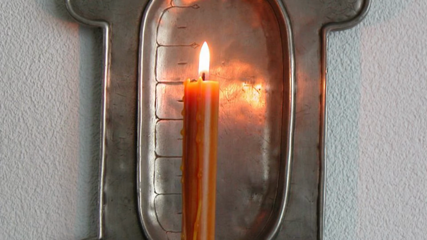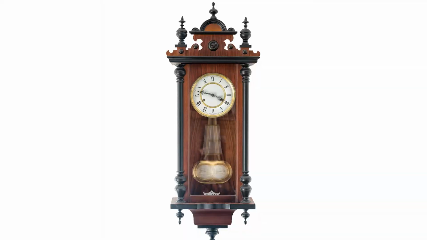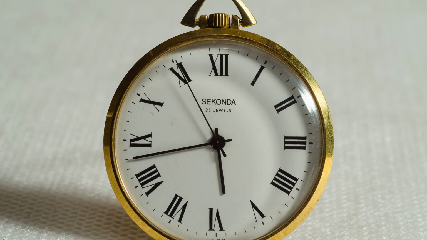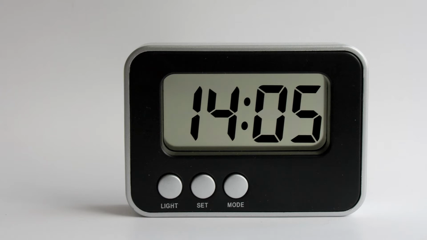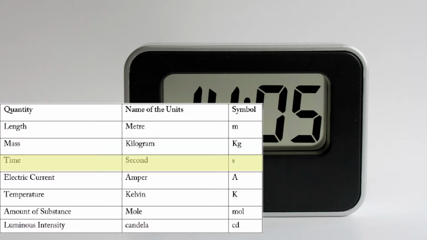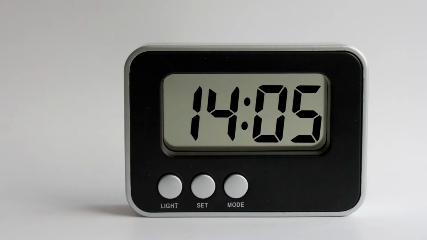With the advancement of technology, other advanced time-keeping devices were invented, like pendulum clock, mechanical watch, quartz clock, and digital clock that we use today. And the unit for time is defined to be second, which is used as a reference for measuring different durations of time. But to understand the definition of a unit of time, that is, what duration of the progression of an event could be counted as 1 second, will be a bit tricky and complex for now.